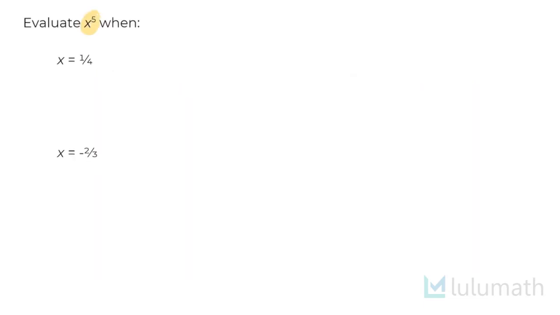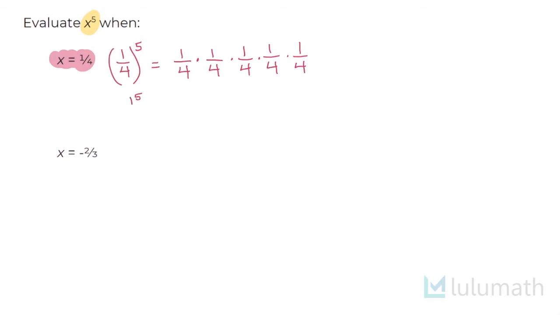All right, one last example. Evaluate x to the power of 5 when x equals 1/4. So here I will take 1/4 and multiply it by itself 5 times. Or I could take 1 to the power of 5 and 4 to the power of 5. Or I could take my answer from 1 over 4 to the power of 4 and multiply that by another 1/4.